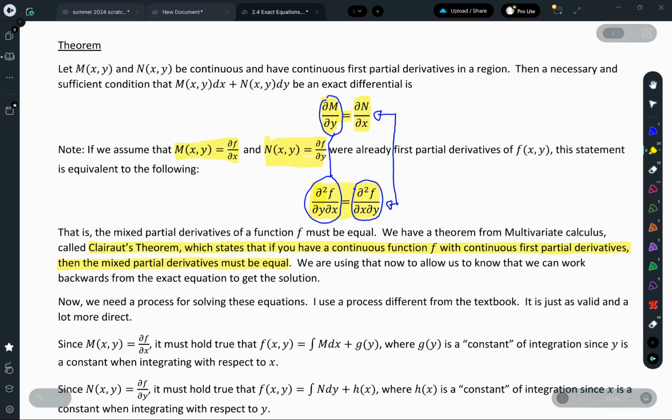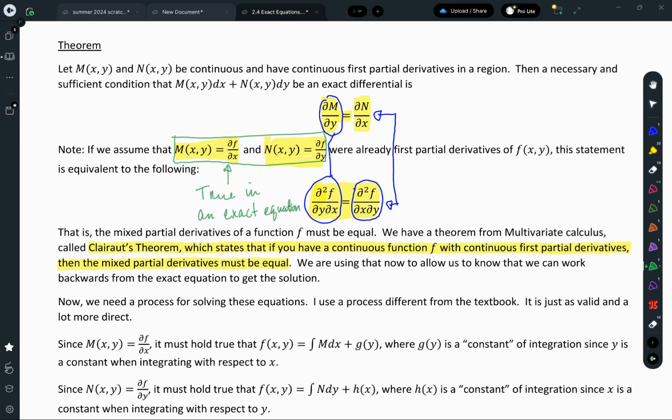We're using that so that we can work backwards from an exact equation to even get a solution. Okay, so your job is always to remember that in an exact equation, these two things are true. M is the partial derivative of our solution with respect to x, and N is the partial derivative of our solution with respect to y.